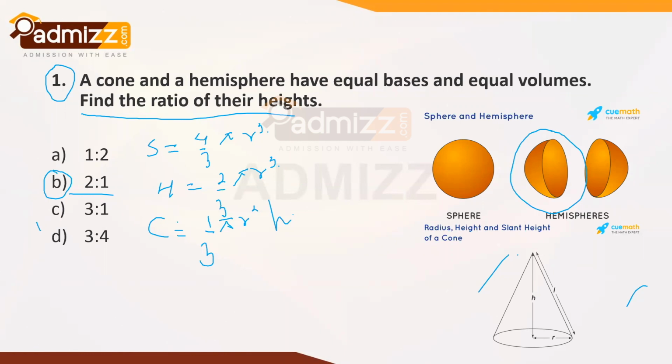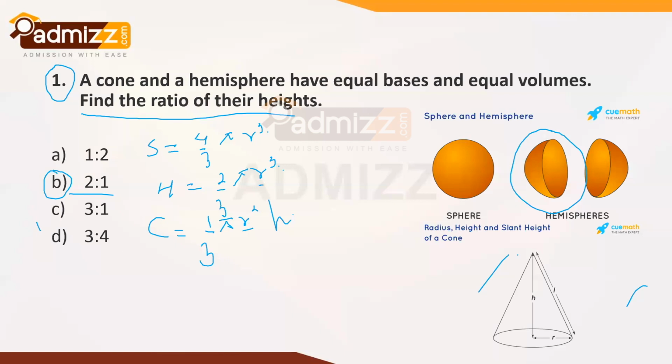So to find the ratio of their heights, since equal bases means that the radius of the base is the same, r and r will be equal and their volumes are equal.